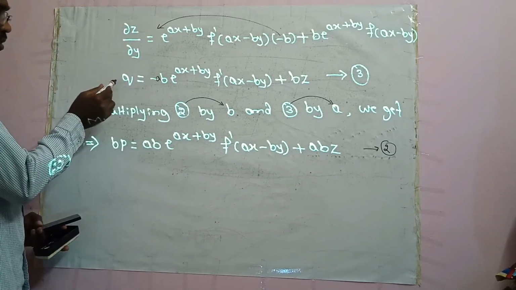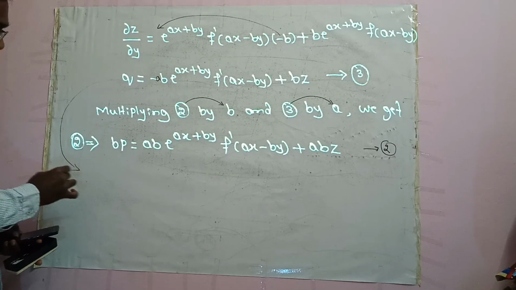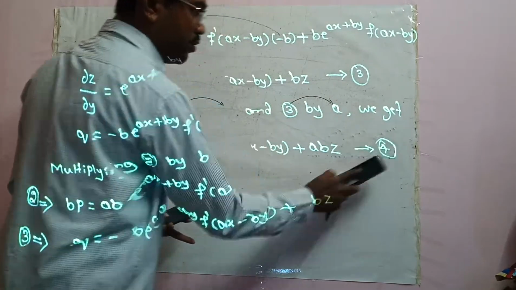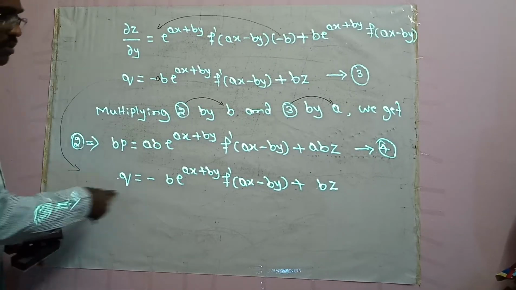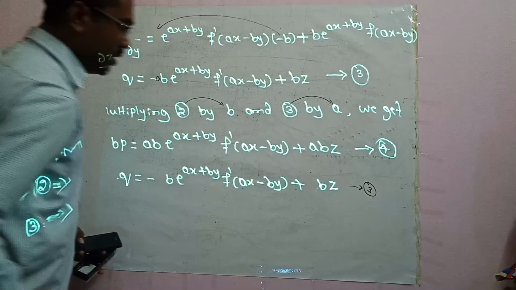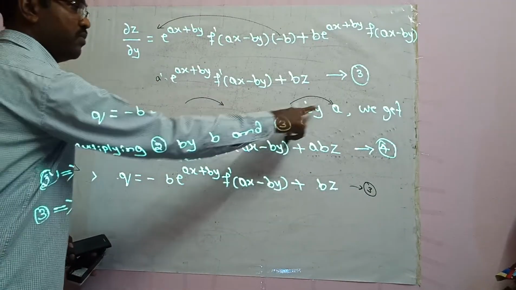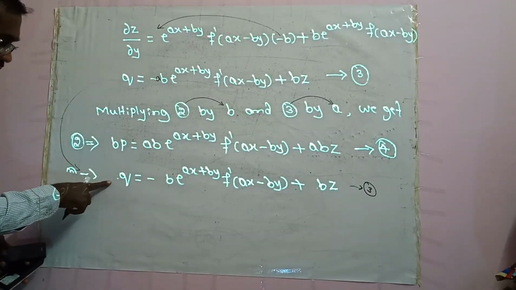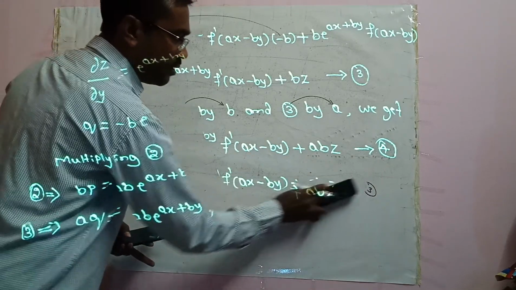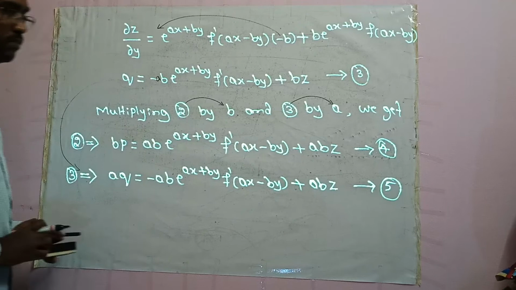Now let us multiply to the equation number 3. Call this as equation number 4 now. So this is our equation number 3 we have. With this 3, what are we going to multiply? We are going to multiply a here, a and a here. I call it as equation number 5 now.